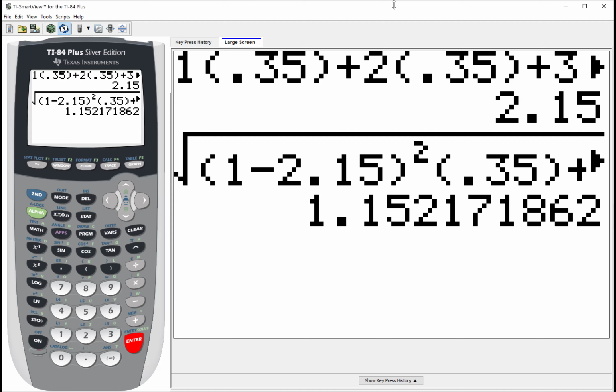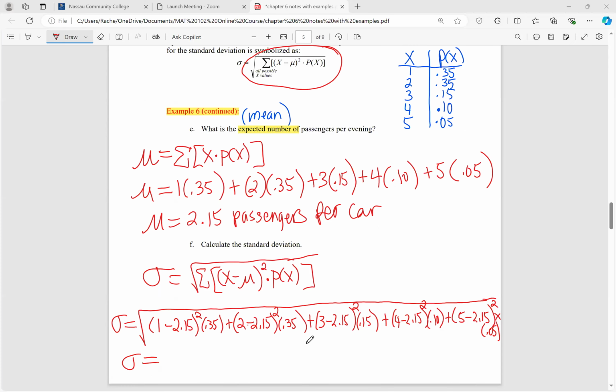So my standard deviation is 1.15 passengers per car. And that's the average deviation from the mean. So that is how we find the mean and the standard deviation of a discrete probability distribution.